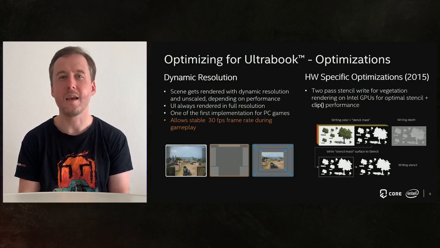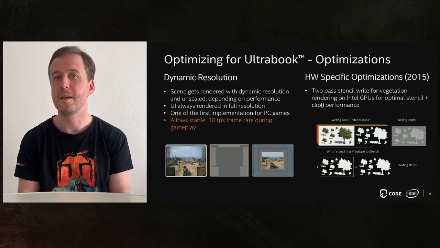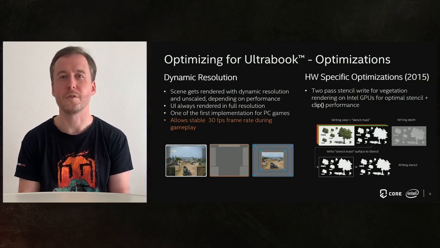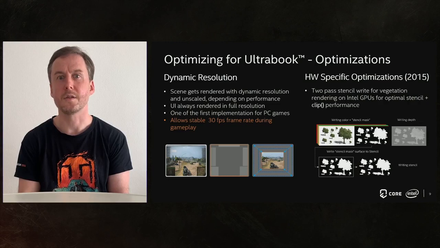Nowadays, many games use the same technique on consoles and on PC, but in 2014, World of Tanks was one of the first games which implemented this technique. And it was working on every computer configuration supported by the game, even for non-Intel configurations. But we also did some optimizations which are hardware specific.